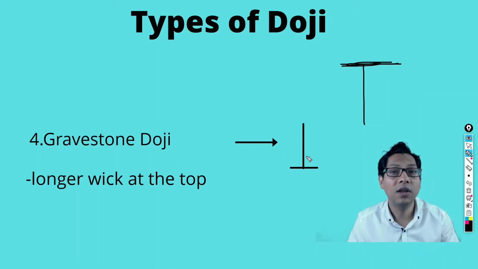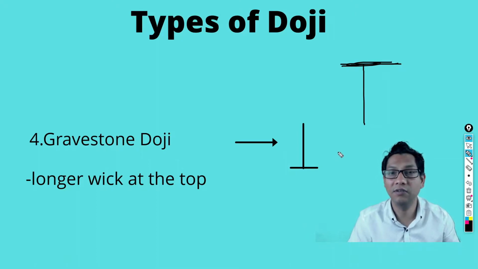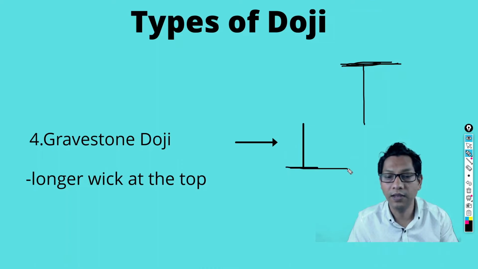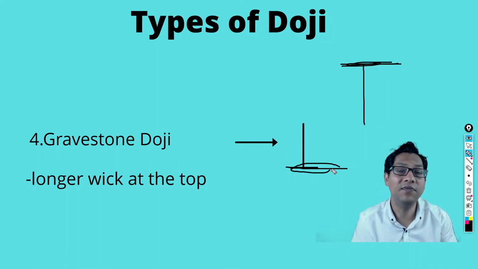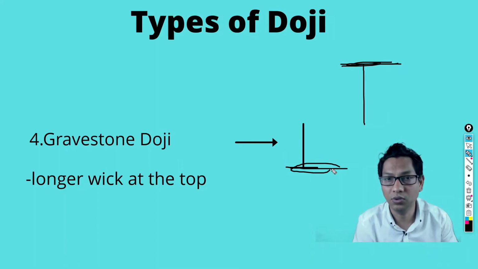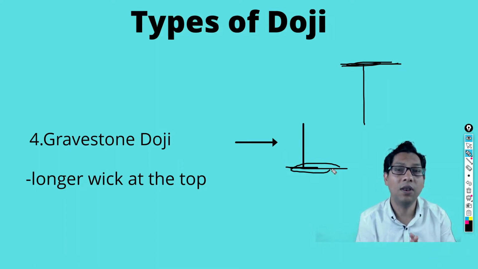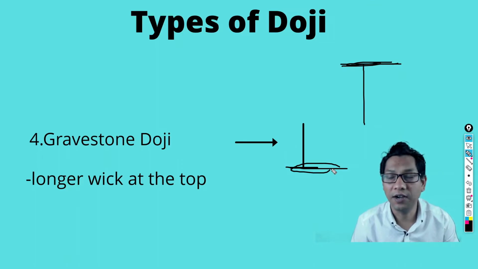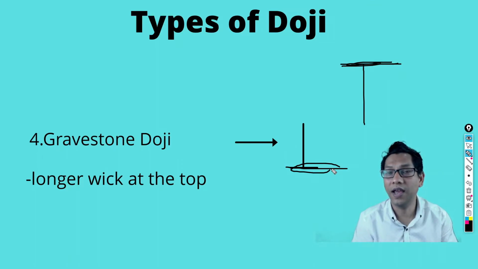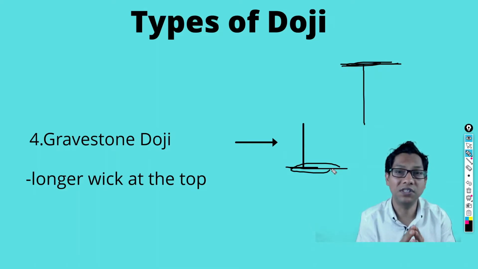And gravestone, I remember the stone that is found on the ground, which is the bottom. That's how I remember. Just my technique. If you find it difficult to remember, you can use this technique as well. Now let's see in the real chart how we can identify this doji to find the proper signal.